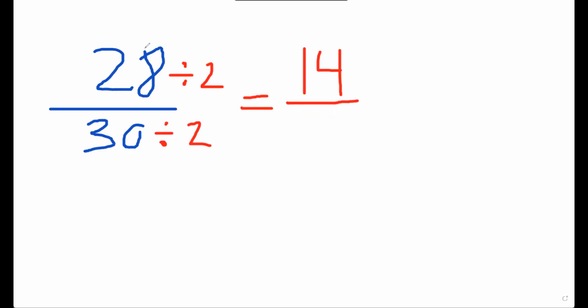I have some. So 28 divided by 2 is 14. 30 divided by 2 is 15. Okay, can we divide this any further? No. And this is the fraction simplified. You can't divide it by 2 top and bottom or 3. That's as small as it goes. And so that's how you simplify fractions.